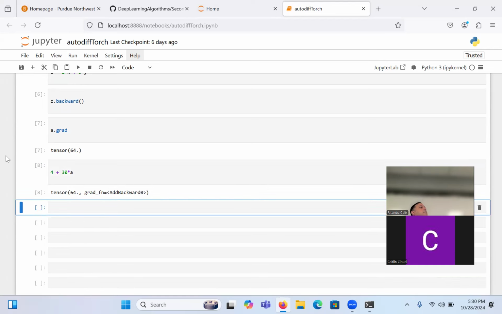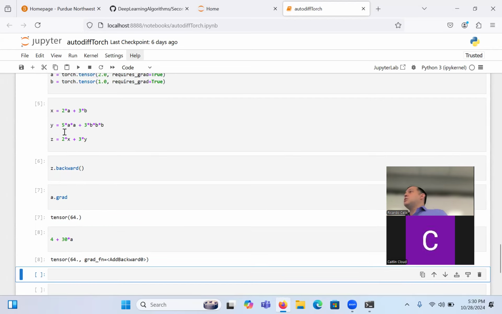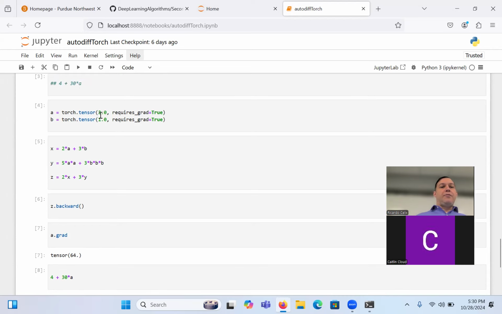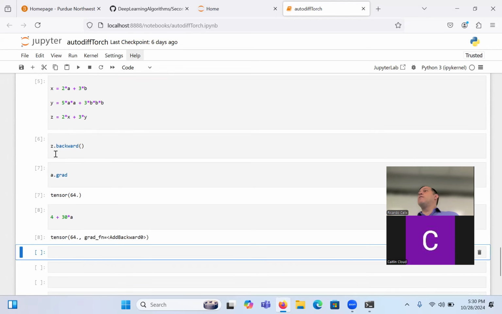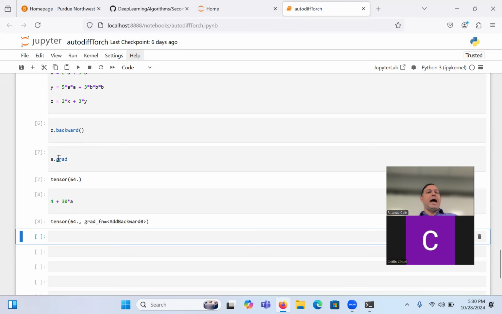Do you guys understand? Do you see it? There it is, right there on the board. You create the functions. You create for A, in this case, the value 2, and for B, the value 1. You take the derivative of it, and now the gradient has the value 64.